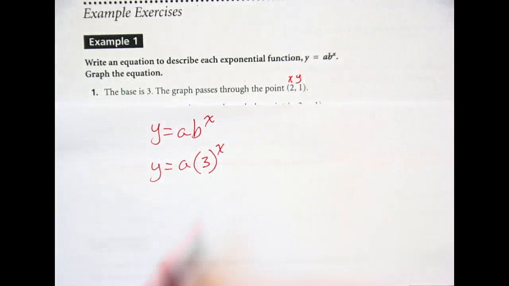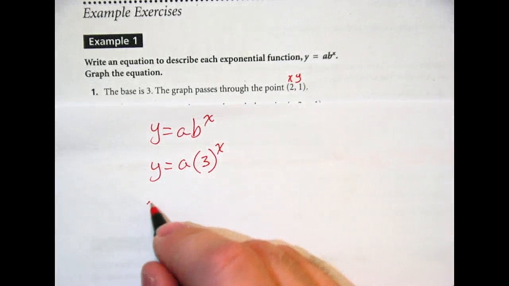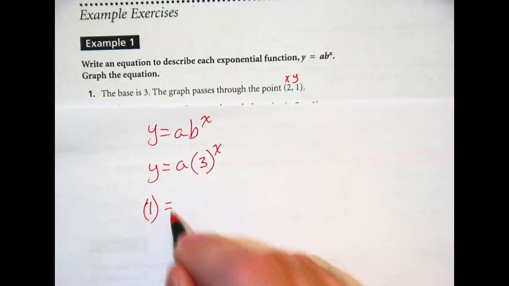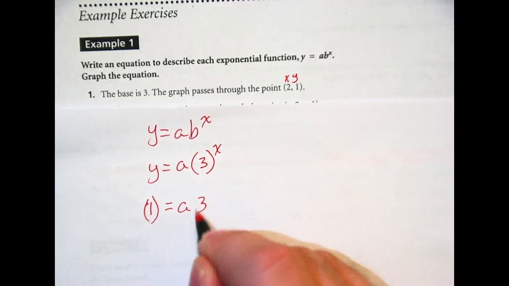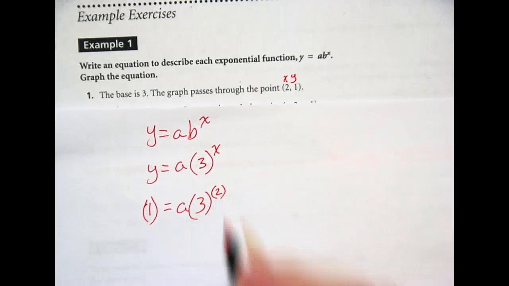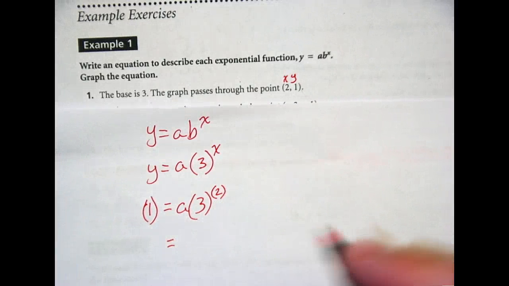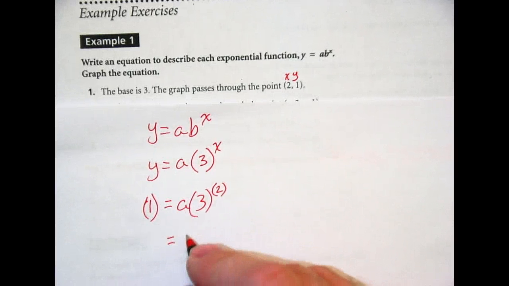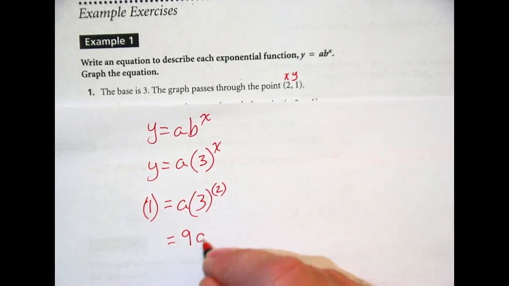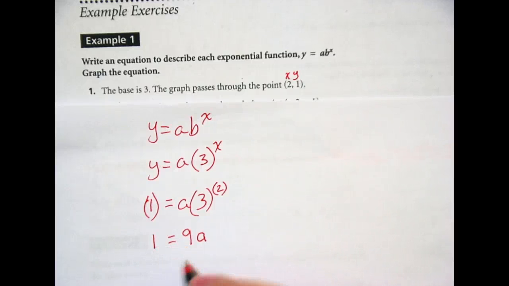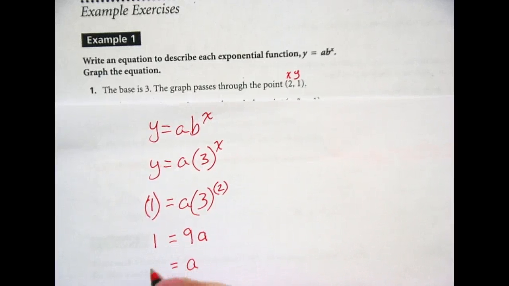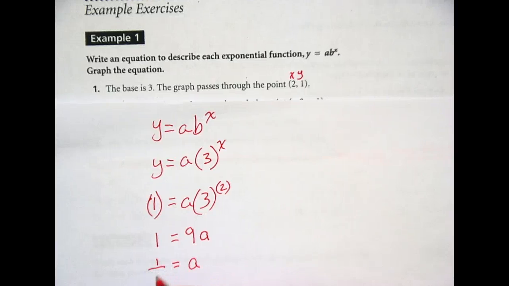So if we plug in x and y, we can find A. A is 1 over 9.